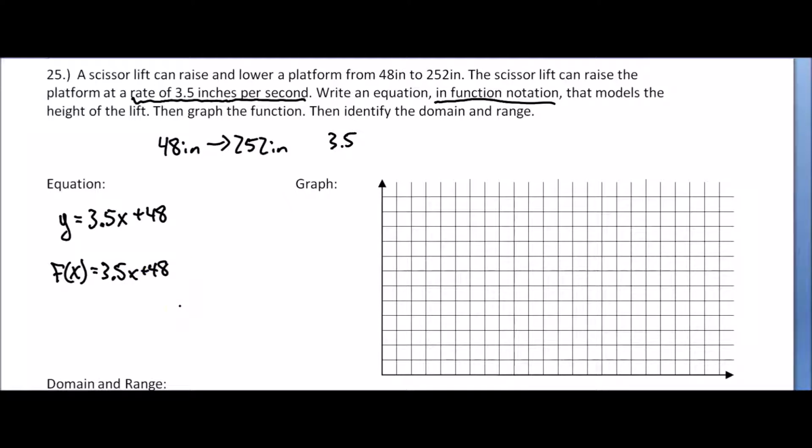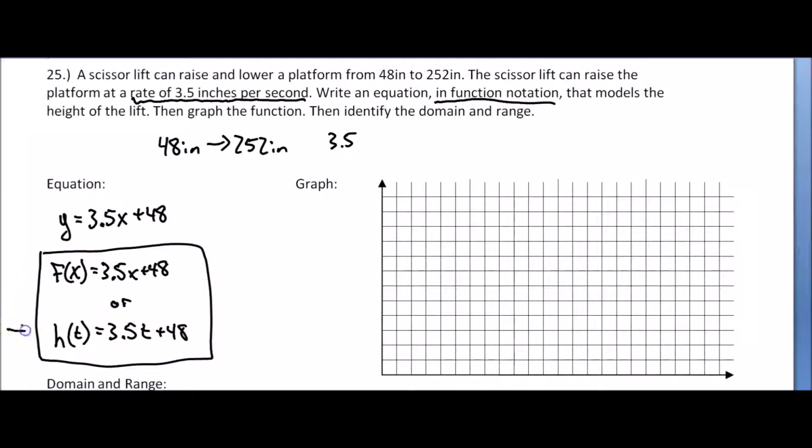But honestly, it would make a little bit more sense because in function notation, we want to use variables that make sense. It might be better to say h of t. In other words, the height based on time equals 3.5 inches per second, which is time, plus the 48. And so either one of these second two will work because they're each function notation, but this one really makes sense from a real world perspective.